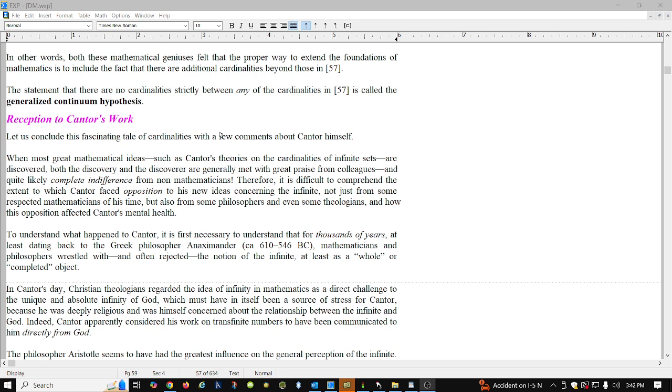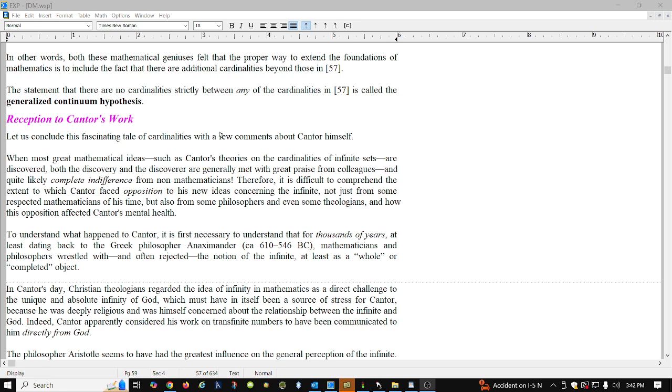Especially since these days they tend to be extremely esoteric. So it's kind of difficult to comprehend, at least for a mathematician to comprehend these days, the extent to which Cantor faced opposition to his new ideas concerning the infinite cardinalities.